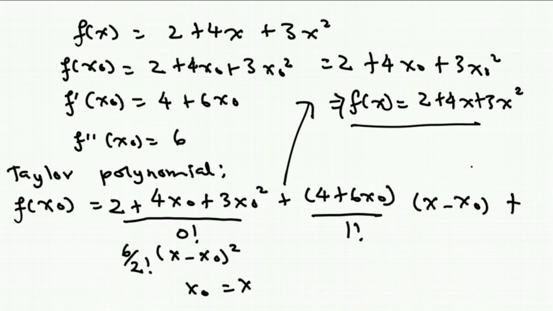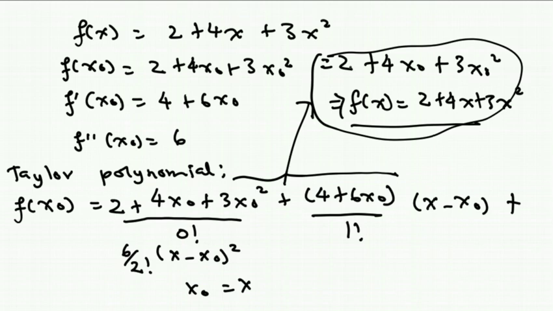This one is the polynomial expansion. What I did for the last two here is just to verify that the Taylor polynomial does correctly represent the given function, the primitive function.